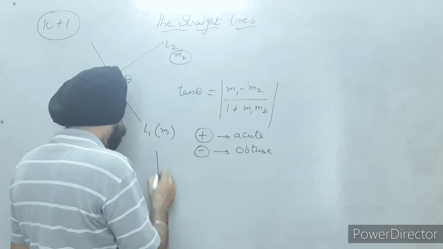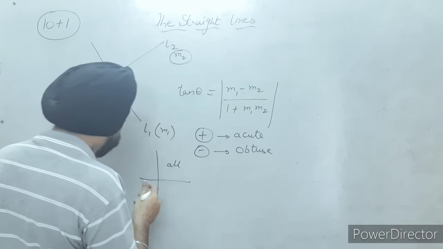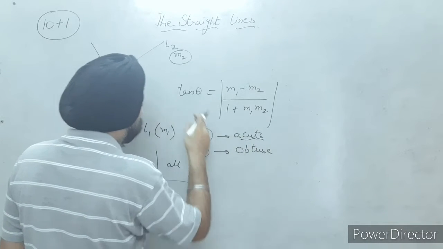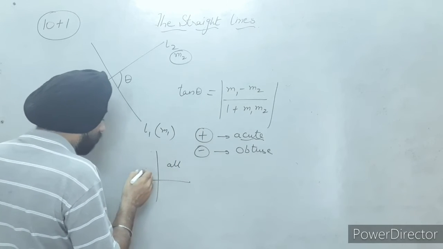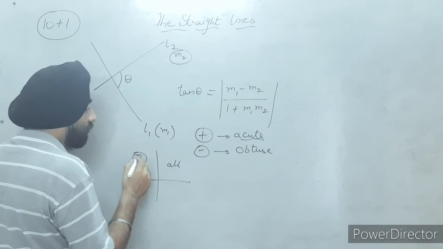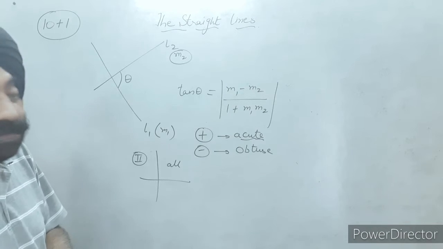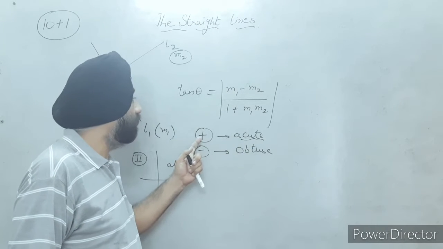In the first quadrant, all the t ratios are positive, and if this angle is an acute angle, that means tan theta is positive. If you have an obtuse angle, then your tan theta will lie in the second quadrant. In the second quadrant, tan theta is negative. That is, for an obtuse angle, we will take a negative sign. For an acute angle, we will take a plus sign.